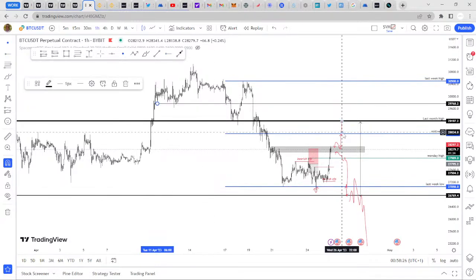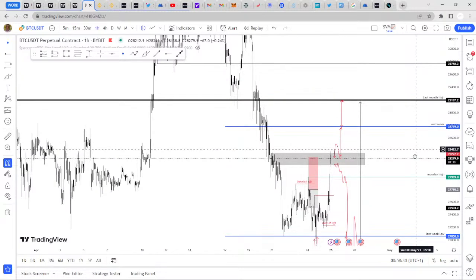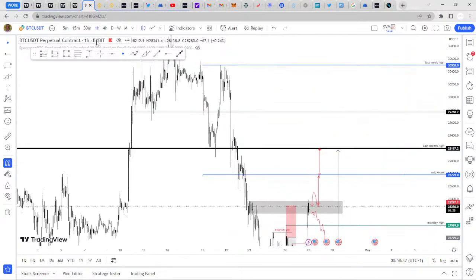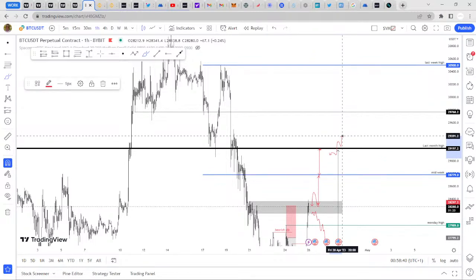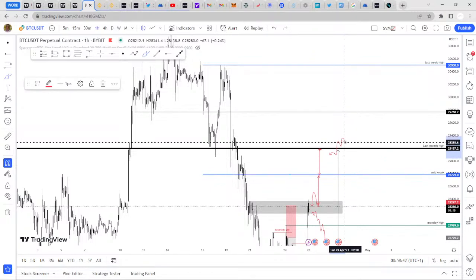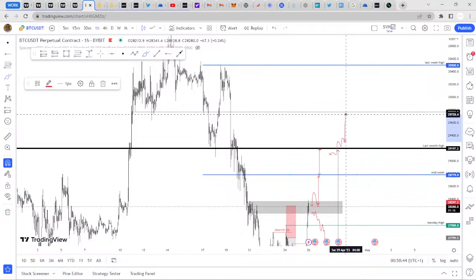Alright, so if it does reclaim last month rather, if it does do this, if it breaks out here, first one fade, second one will be your trigger, right? So you target here as first target. Why?